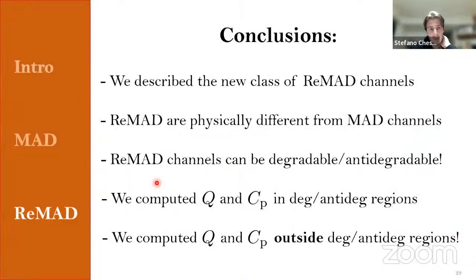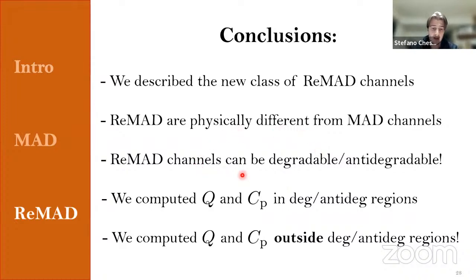So to conclude, what we did is to introduce this new class of channels, resonant multi-level amplitude damping channels, which physically describe a different physical picture with respect to the multi-level amplitude damping channels. We show that these channels can be degradable or anti-degradable, in the qutrit case, with all three damping parameters different from 0.